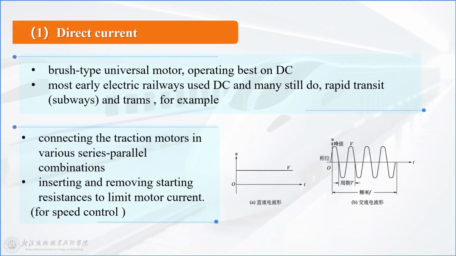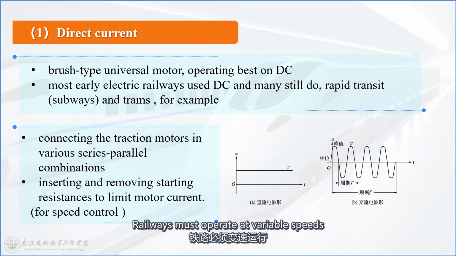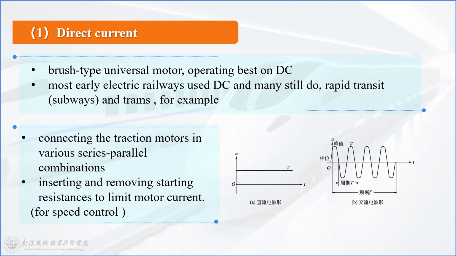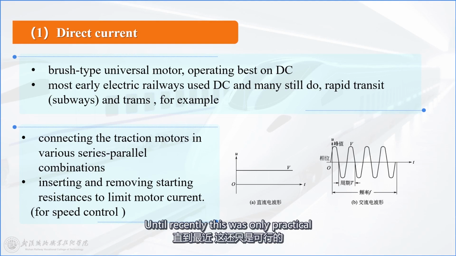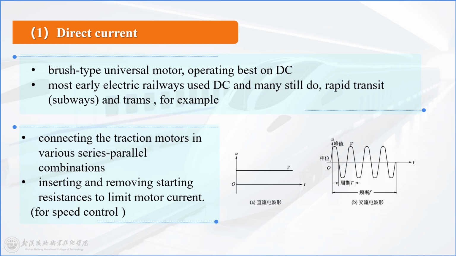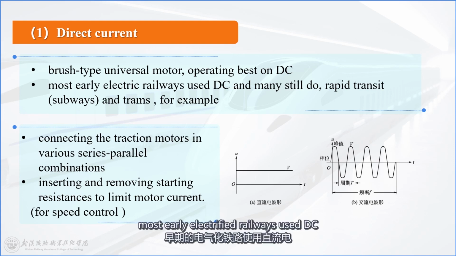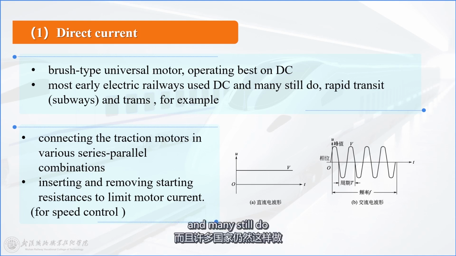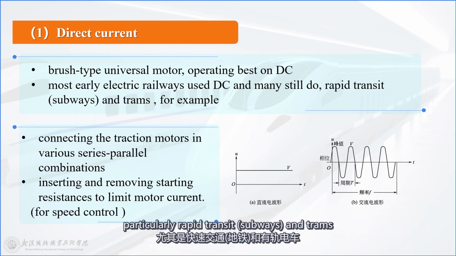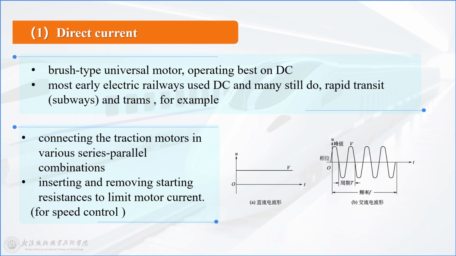Direct current. Railways must operate at variable speed. Until recently, this was only practical with the branch-type universal motor, which operates best on DC. For this reason, most early electrified railways used DC, and many still do, particularly rapid transit and trams.